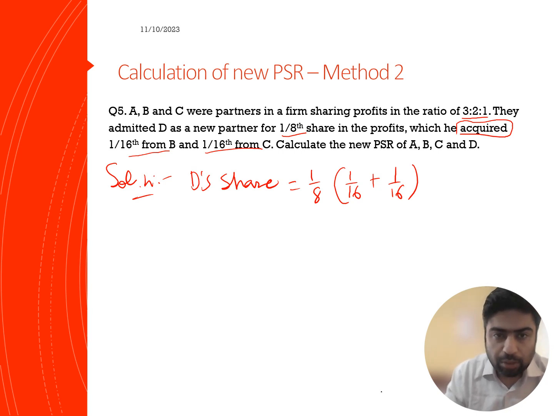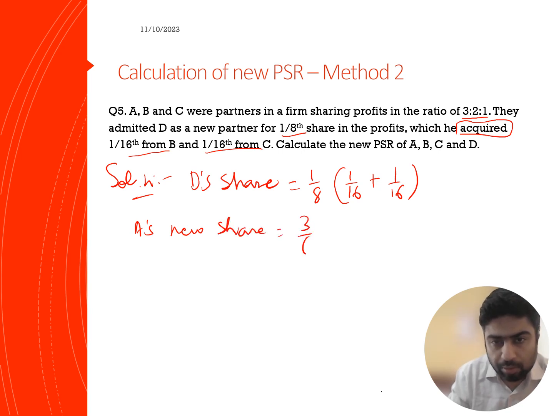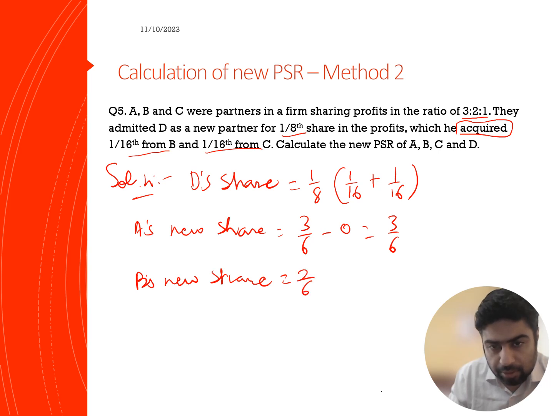So coming back to this, we know that A's old share is 3/6. So A's new share will also be 3 by 6 because A has not sacrificed anything. Now B's new share, if we need to find out, we will subtract B's sacrifice, which is 1 by 16, from B's old share.